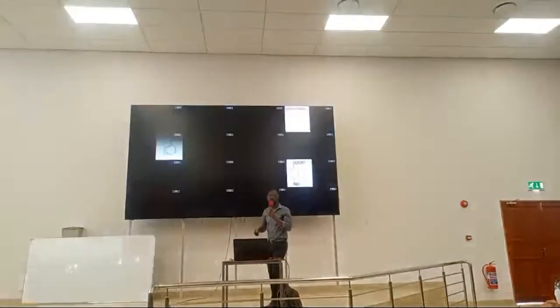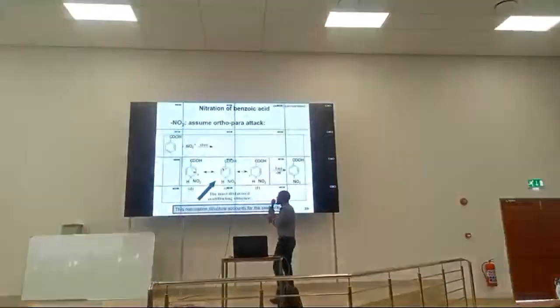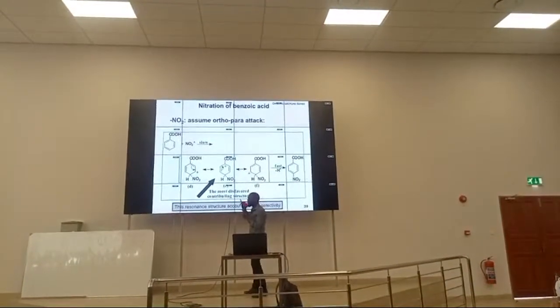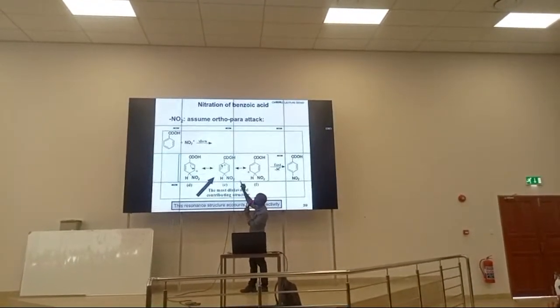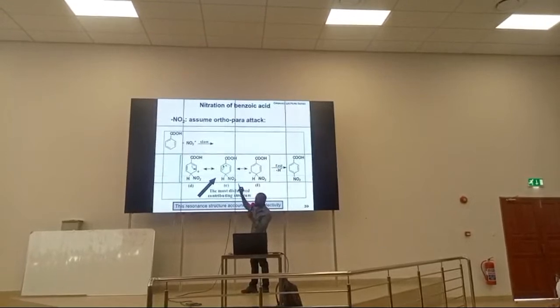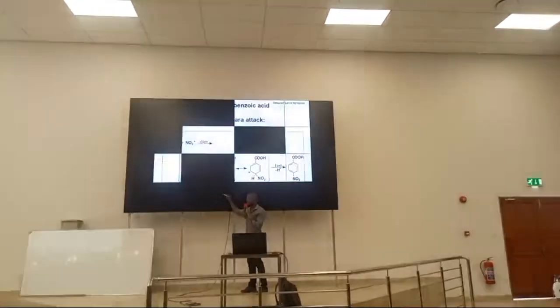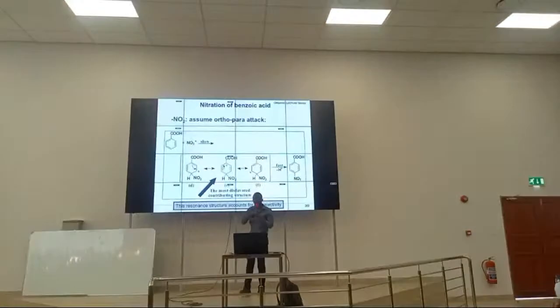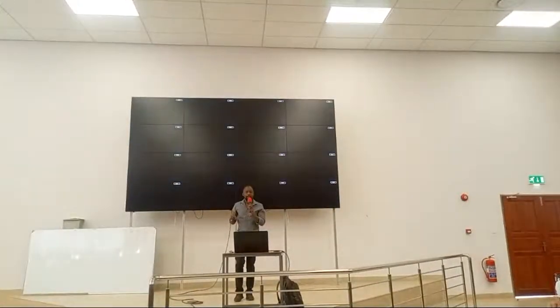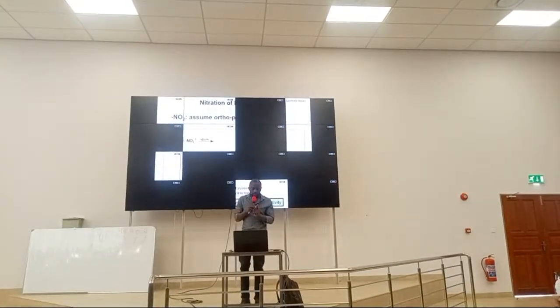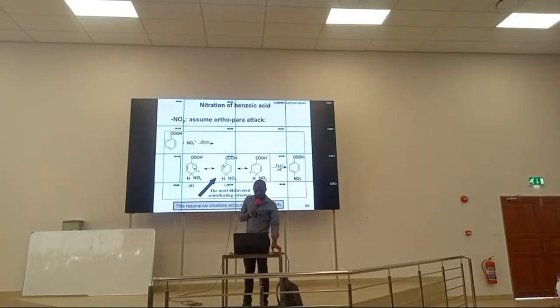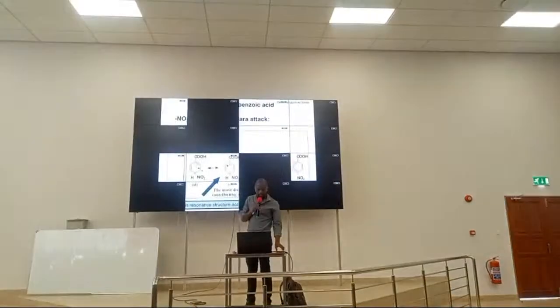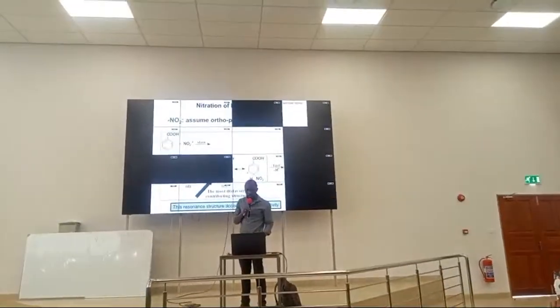You are also going to come to the same conclusion, with the positive charge in one of the resonance structures sitting on a carbon atom connected to a carboxyl carbon. That is very destabilizing because the carboxyl is electron sucking by virtue of the oxygen atoms that are attached to the carbon atom.